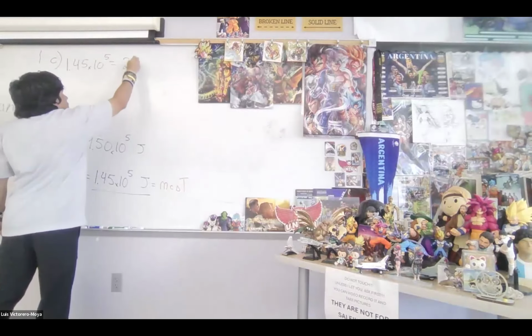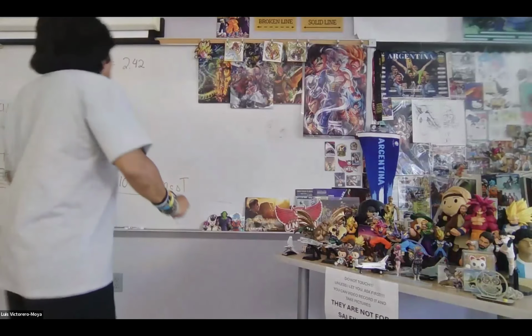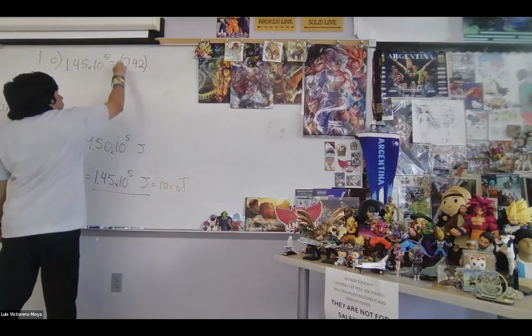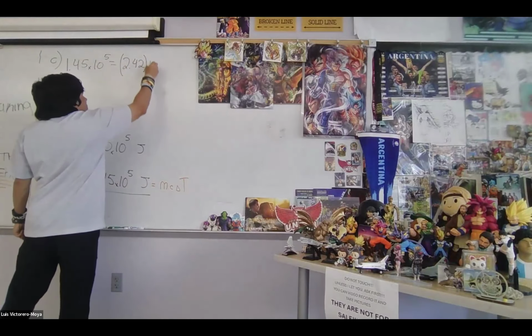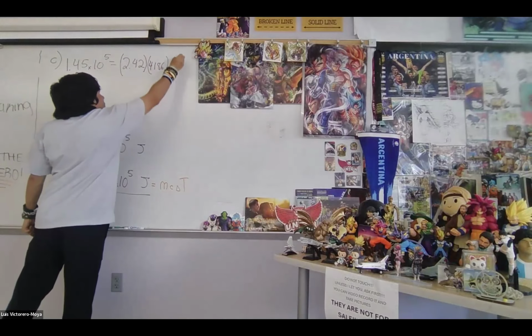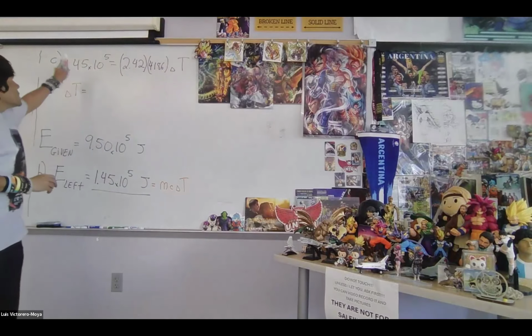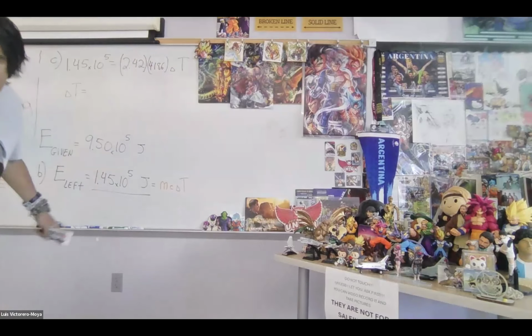The mass doesn't change. It's conservation of mass, right? 2.42 times the specific heat of water now, because it's liquid water now, times that delta T. Let's put delta capital T. So let's find delta T. Delta T is that divided by that.